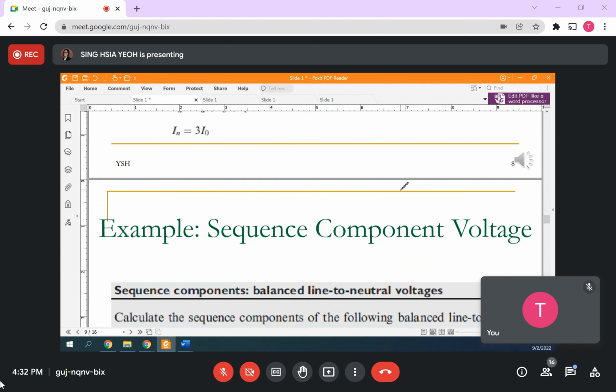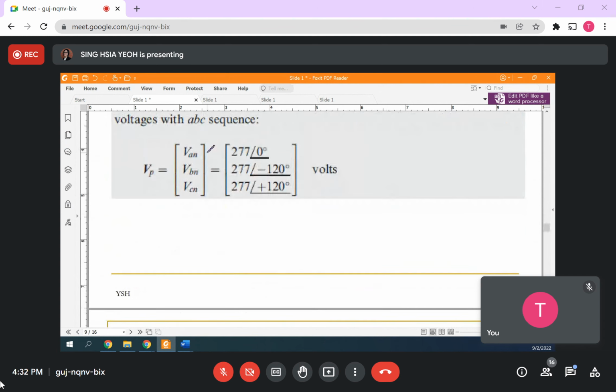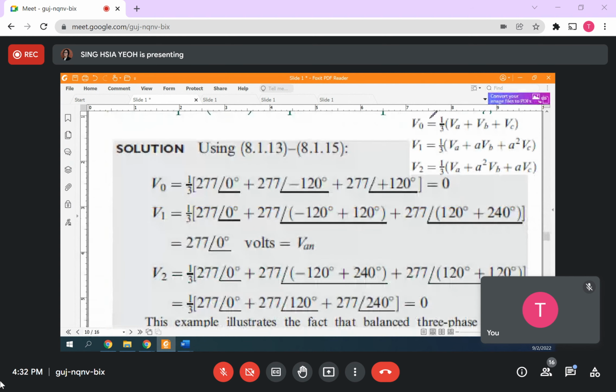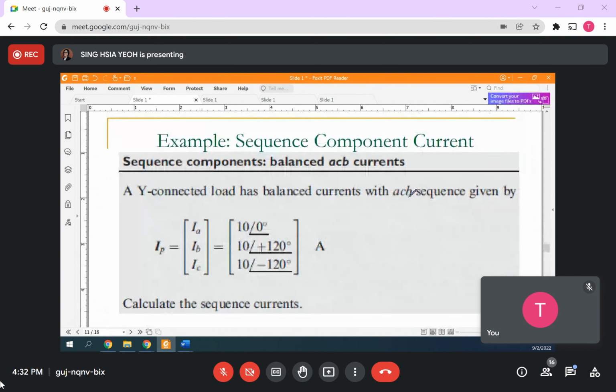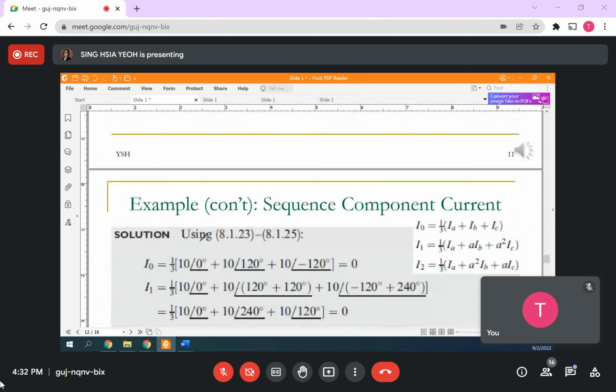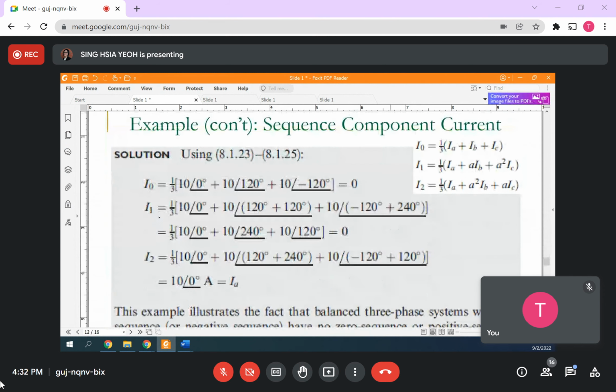Other than that, it's not so important. So VA, VB, and VC, use the formula to change to V0, V1, V2, and from 0, 1, 2 use the formula to change back to ABC, like that only.